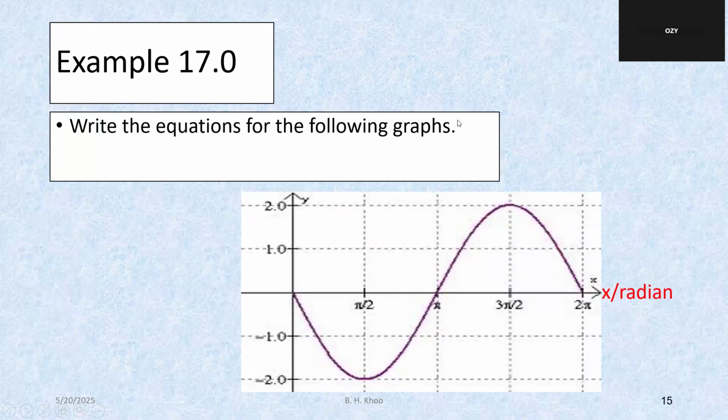Write down the equation for the following graph. What is the equation for this graph? Give me the equation. Minus sine. What is the equation? Negative sine. Y equals what?